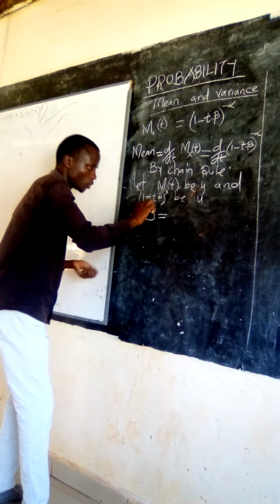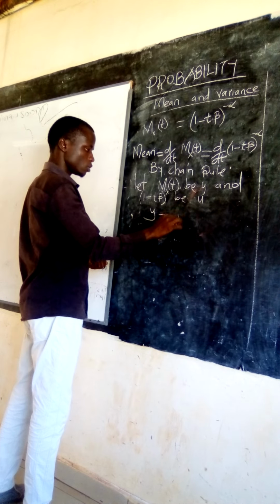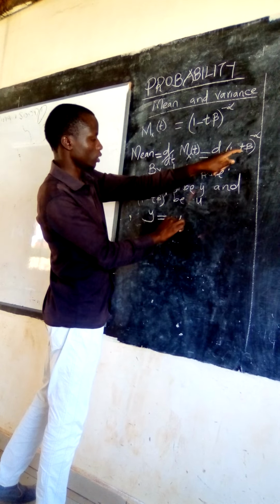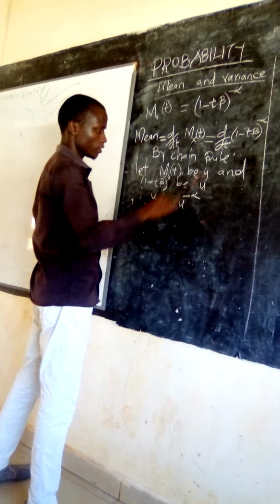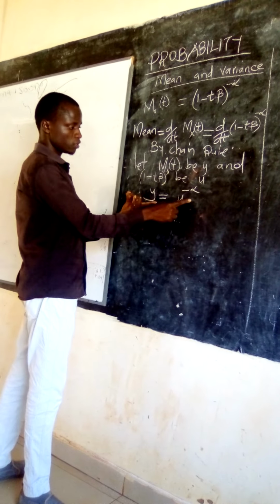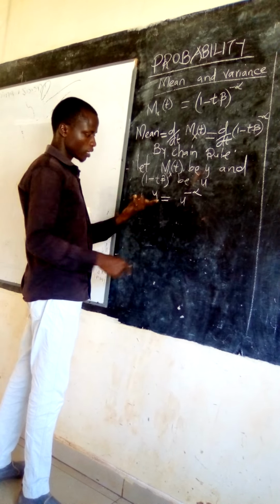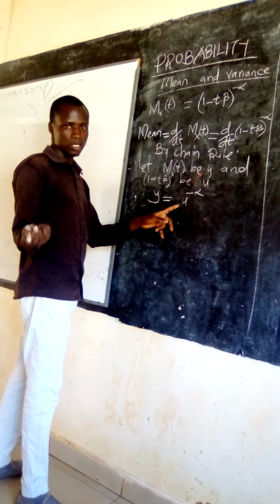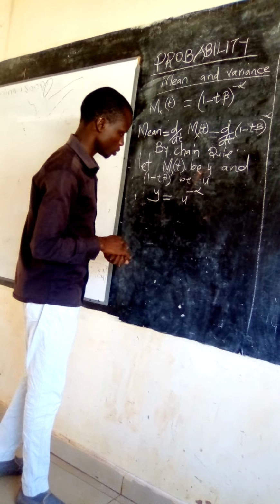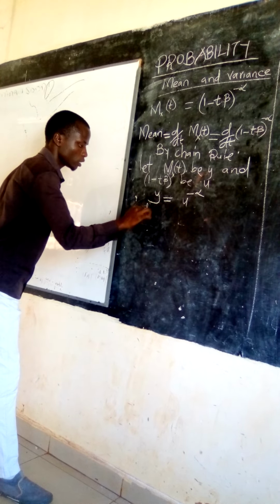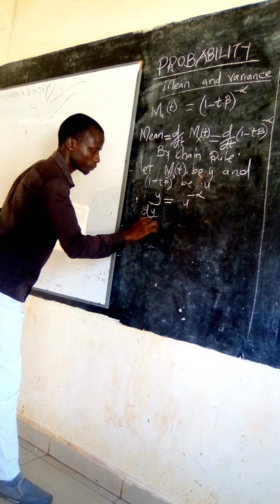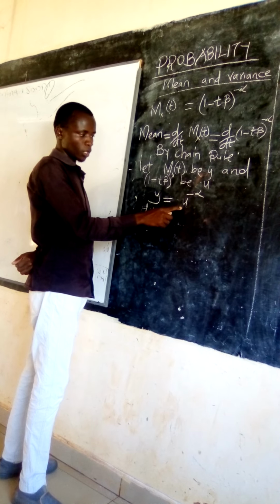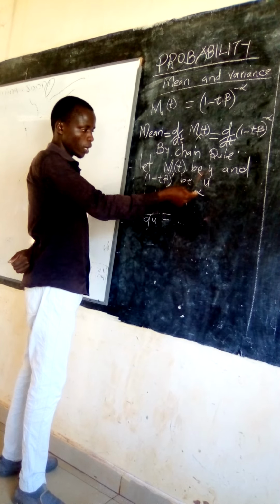So the function of y shall be u, the whole content here, raised to negative alpha. It is very important to understand this, because by the time I shall be getting dy/du, this is what I shall be differentiating, and it shall be very simple for you to go through it. And therefore from here I can get dy/du by differentiating the function of y with respect to u. And therefore, how can I differentiate this?